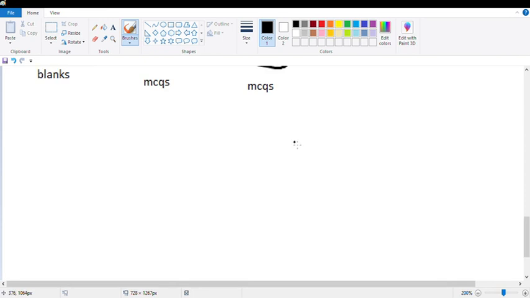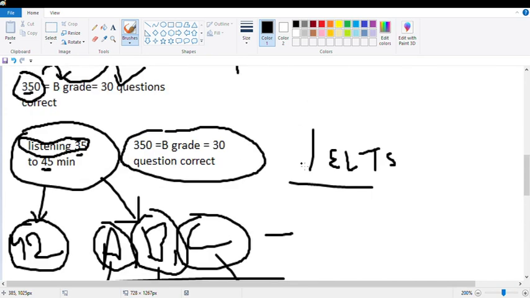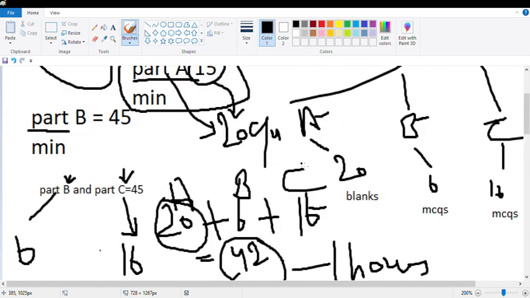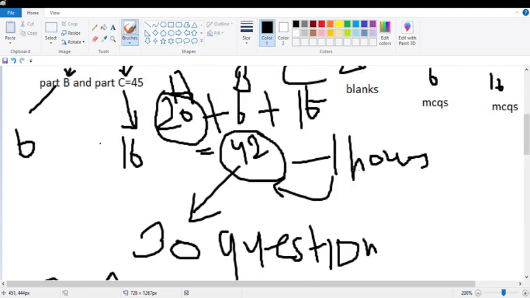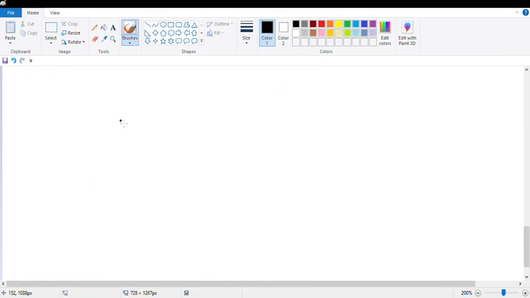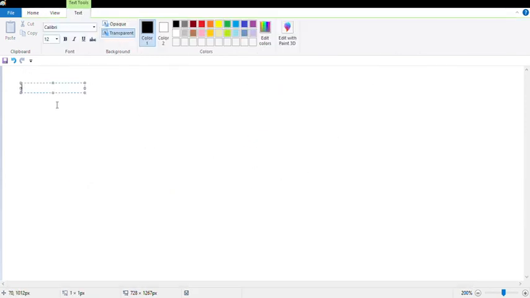In IELTS we don't know what topic we will have in the exam, but in OET, although we can't guess any particular topic, we know that all the topics in our exam will be about the medical field. This is the best thing about OET.